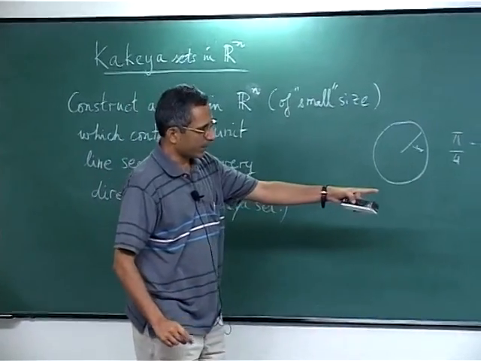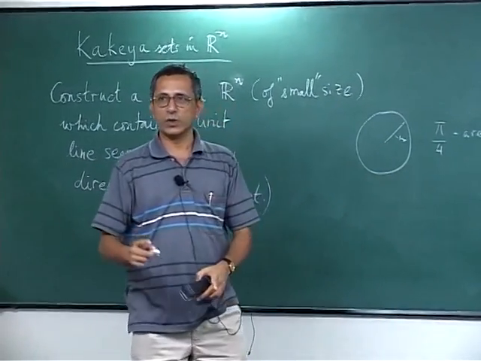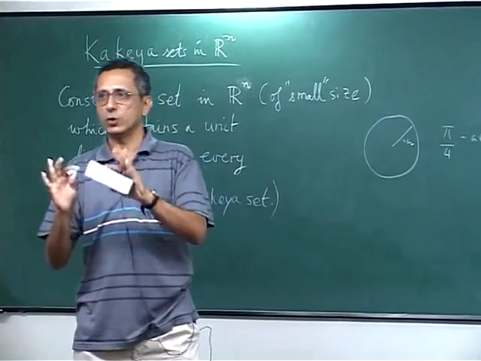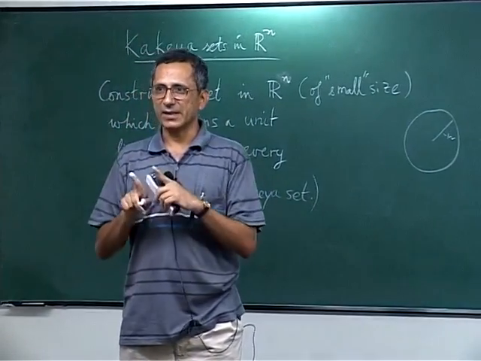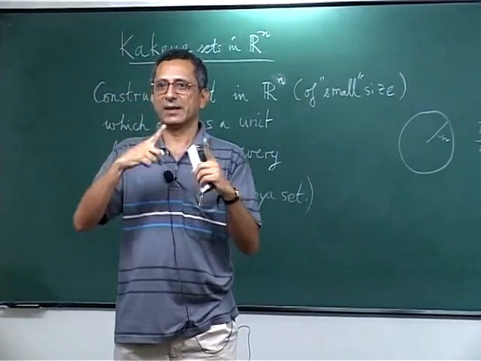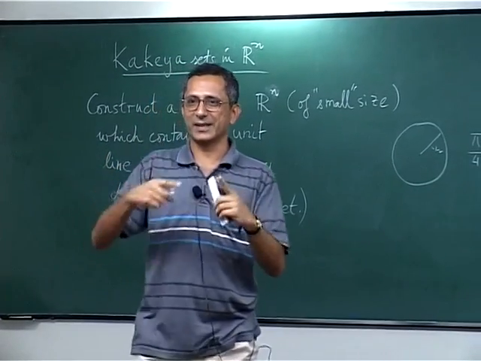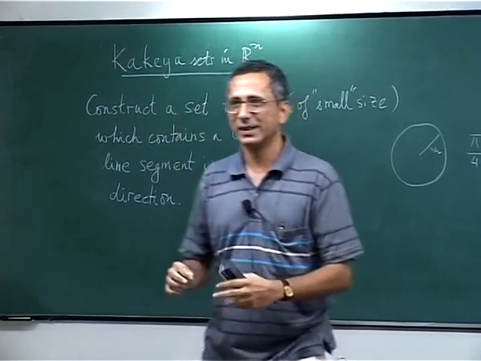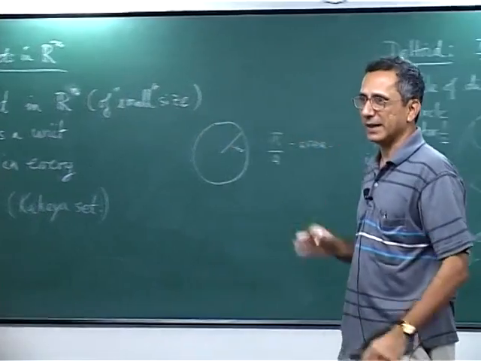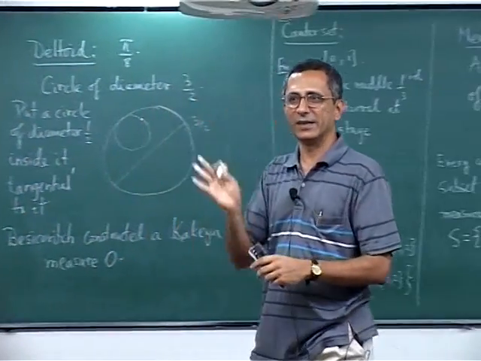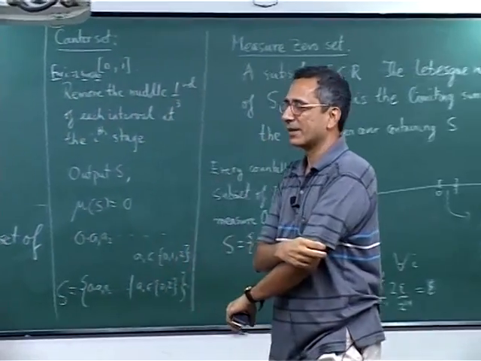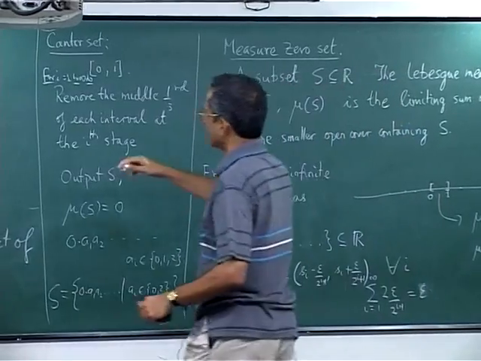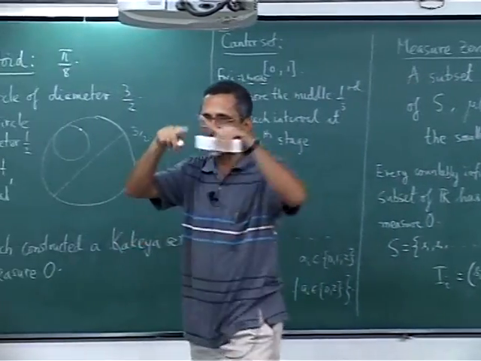And what Besicovitch did in R2 can be generalized to Rn as well. Something that's like sharp in every direction, but it has measure 0. And that will be able to accommodate a line segment in every direction. It's a kind of limiting construction. It's a limiting construction of the deltoid idea.